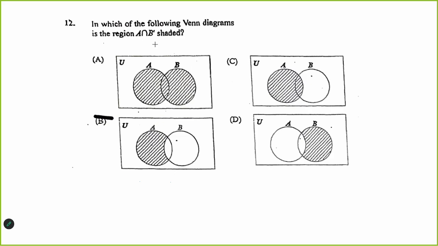A intersect B, I don't think this is the answer. A intersect B complement, I think C is the answer. So for this one here, the answer is C, because they're saying everything outside of the intersection of B complement. So they want B complement, which is just not shaded. Alright, that is the end of January 2020.